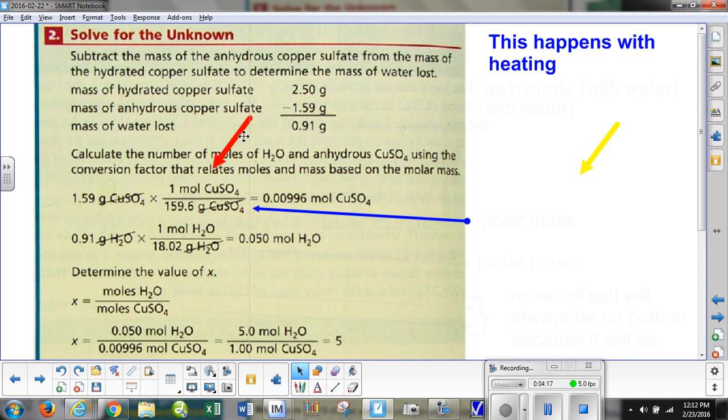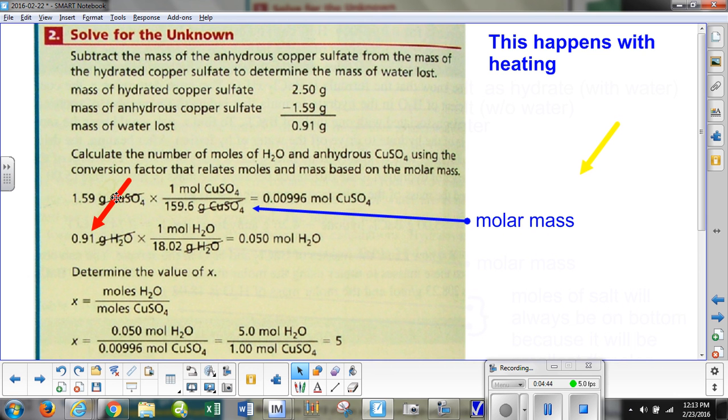And that's what 1 mole of copper sulfate weighs. So we take our 159 grams of the anhydrous copper sulfate to get the moles of copper sulfate. And that molar mass right down there is what makes that all happen. Now, this is the moles of copper sulfate that we actually have in the experiment.